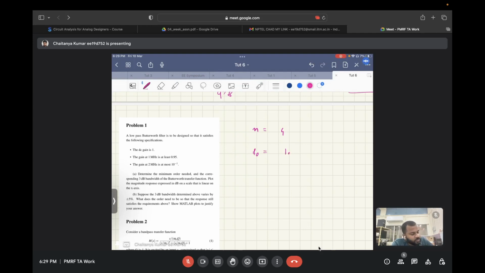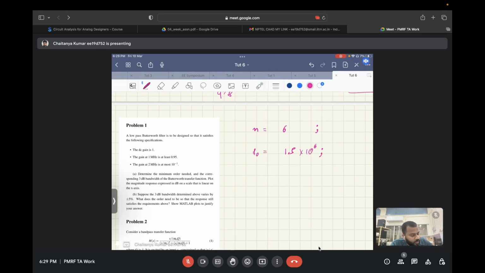The order will be slightly higher, I think, because now you have variation. So let's say the order comes out to be 6 and f naught is around 1.5. Again, this is not the answer, just an illustration. So you have these two variables.